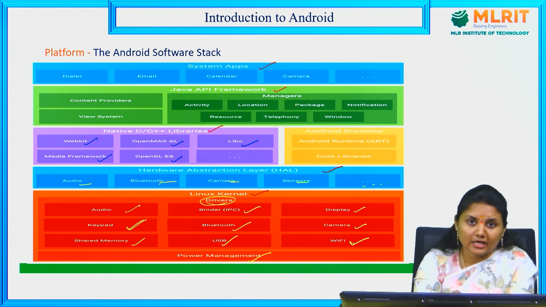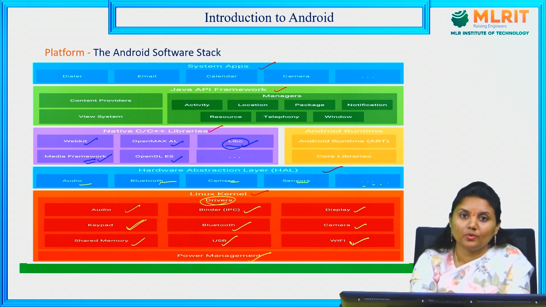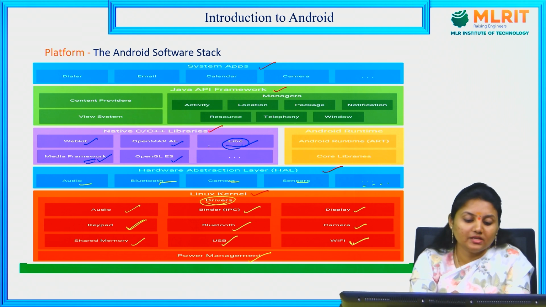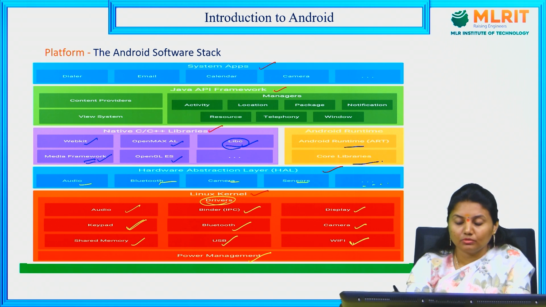So basically, as engineering students, we will know the different media frameworks that are required. And libc is a basic library which imports every API that is required, as we are using a Java application along with XML for the design part. So the required libraries are important. Okay. And for Java runtime, you need the Android Java runtime and also the core libraries.